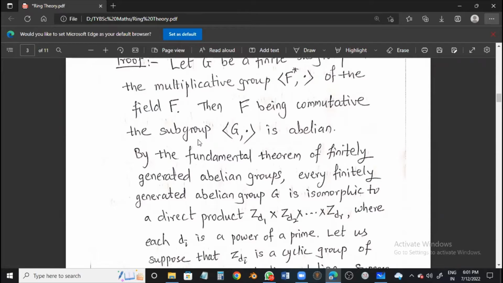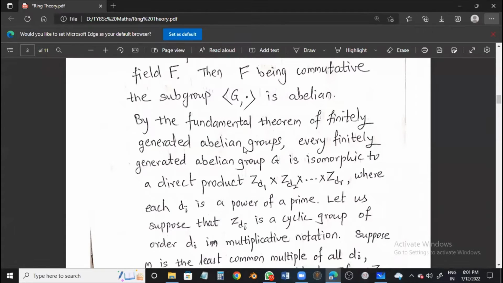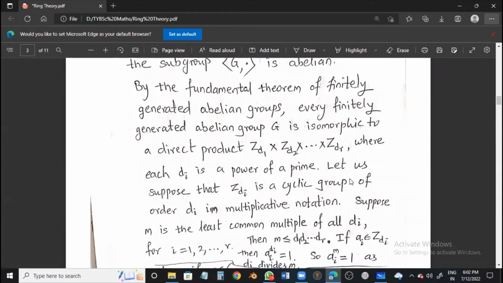Now, by the fundamental theorem of finitely generated abelian groups, what does this theorem state? The statement is given here. Every finitely generated abelian group G is isomorphic to a direct product. Whenever you have any finitely generated abelian group G, it is isomorphic to the direct product ZD1 cross ZD2 cross and so on cross ZDR, where each DI is a power of a prime.